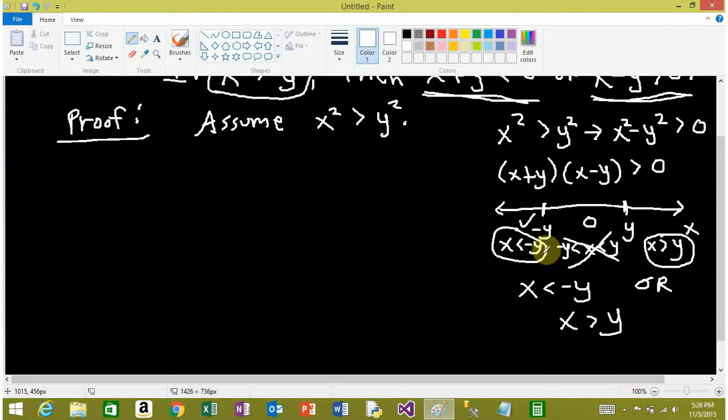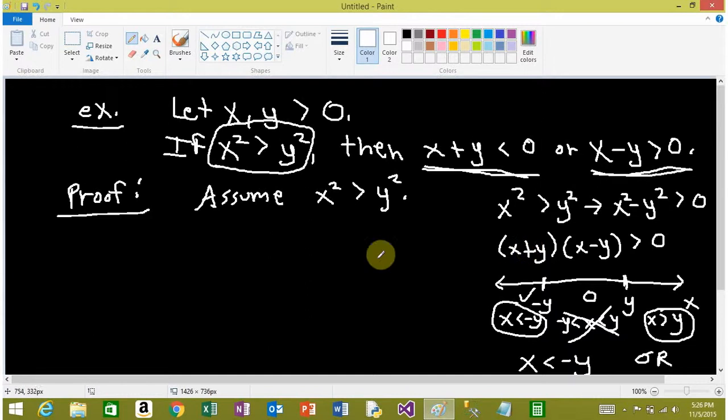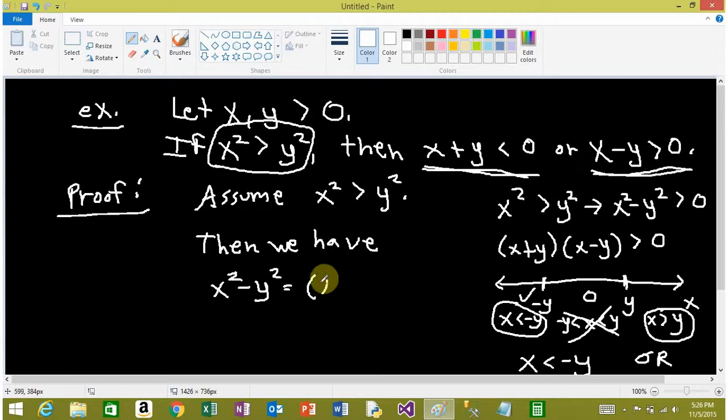So then we can just put that back in. We have x squared minus y squared, which is x plus y times x minus y, is greater than 0.